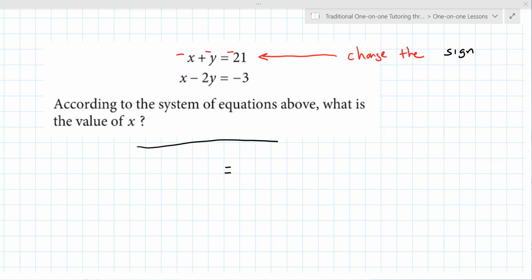Okay. 0 plus 1 equals 7. None of that is correct. I guess the 0 is correct. We'll go with that. All right.